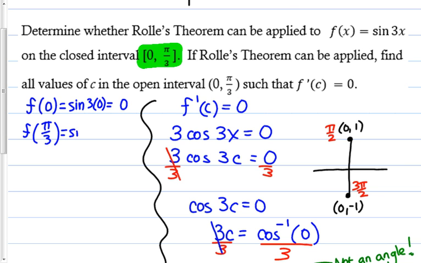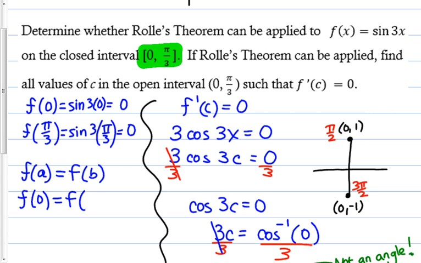So sine of 3 times pi over 3, which is basically sine of pi, is 0. So look at that. F of a does equal F of b. F of 0 equals F of pi over 3. So this would have been definitely good to go for Rolle's theorem. I just said we were good. All right, next.